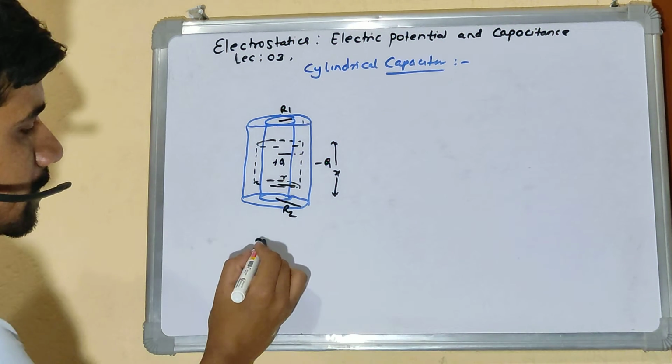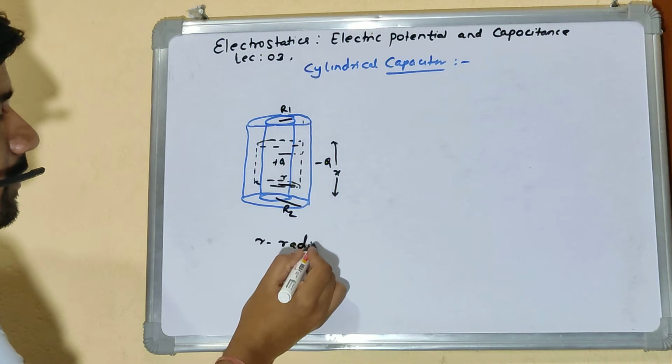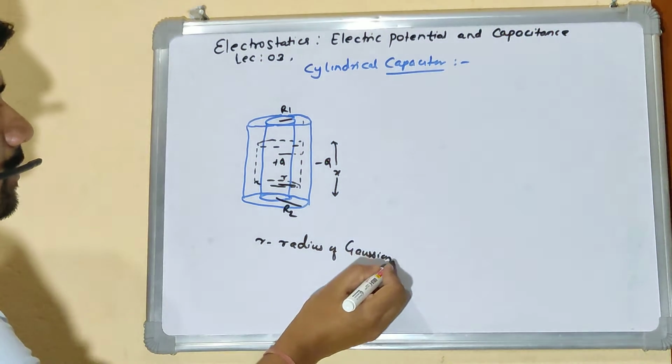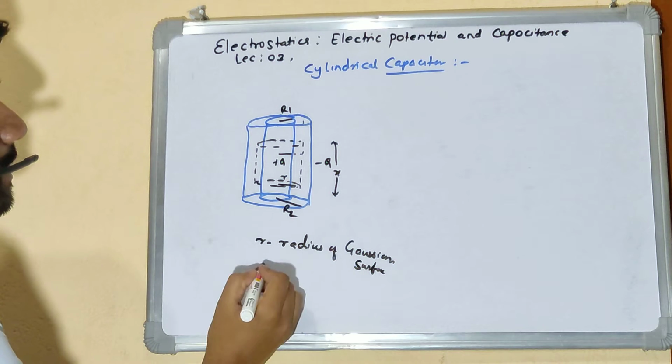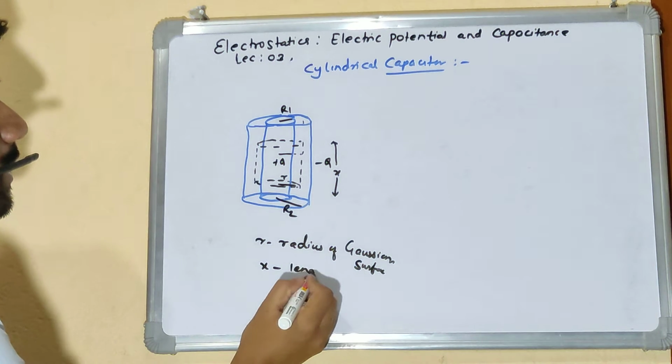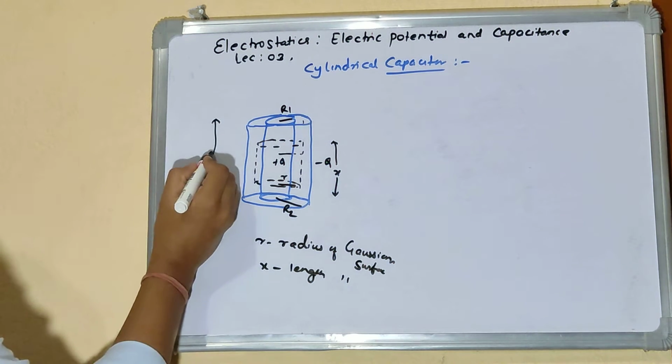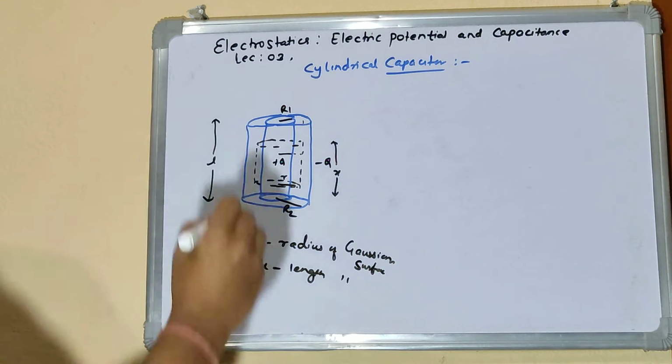So r is the radius of the Gaussian surface and x is the length of the Gaussian surface. The length of the overall cylinder is L, let's say small l, right?